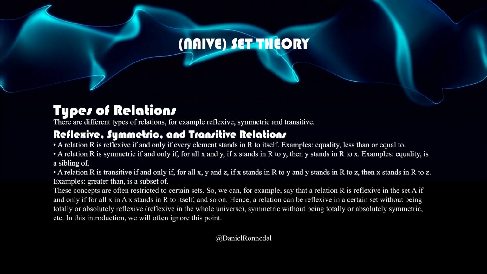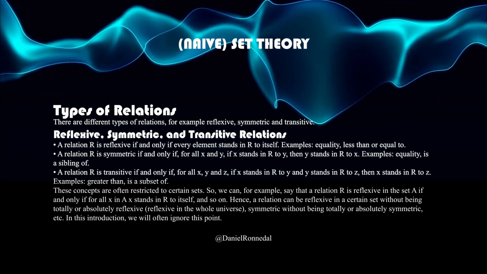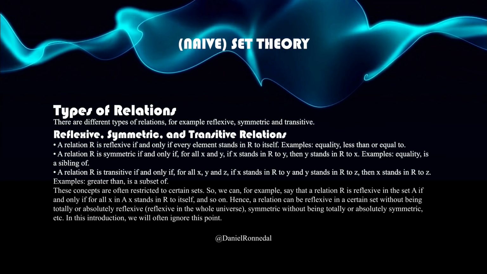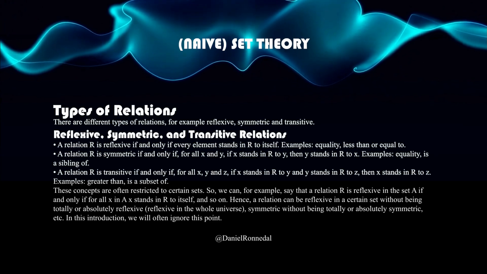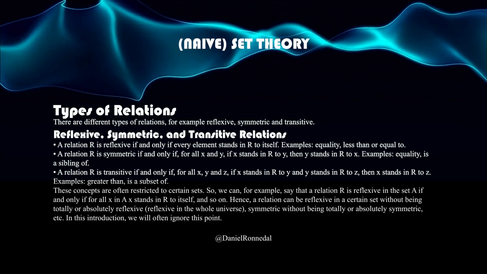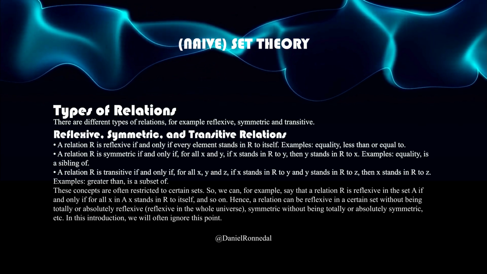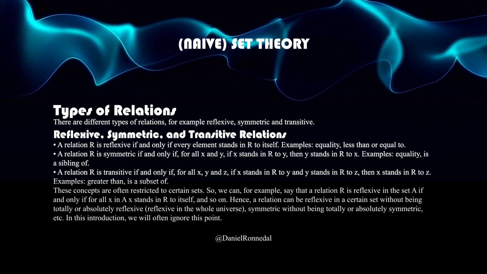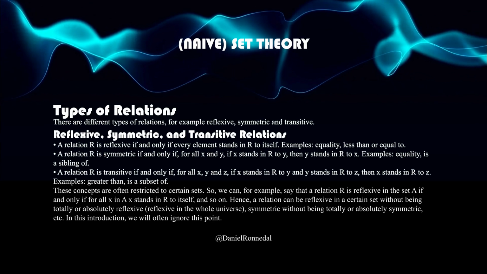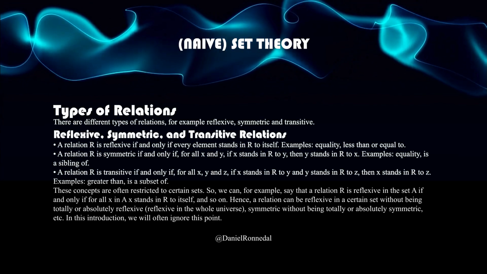There are different types of relations, for example, reflexive, symmetric, and transitive. A relation R is reflexive if, and only if, every element stands in R to itself. Examples: equality, less than or equal to. A relation R is symmetric if, and only if, for all x and y, if x stands in R to y, then y stands in R to x.